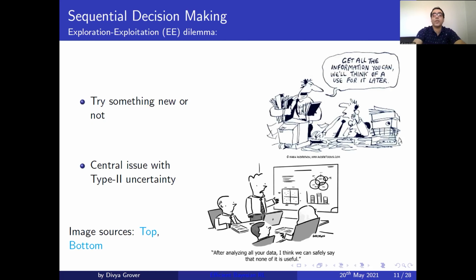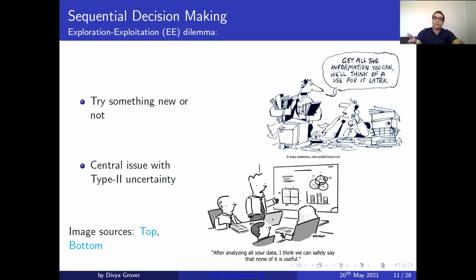I will first give you an intuition. In sequential decision making, the lack of knowledge of the environment is also known as the exploration-exploitation dilemma. You can see from the cartoons here, the guy doesn't have any information about what their objective is. So he tells his assistant to just collect all the information and we'll think about what to do later. But at the end, when they are having a discussion, they say, after analyzing all the data, I think none of the information that we collected was useful.